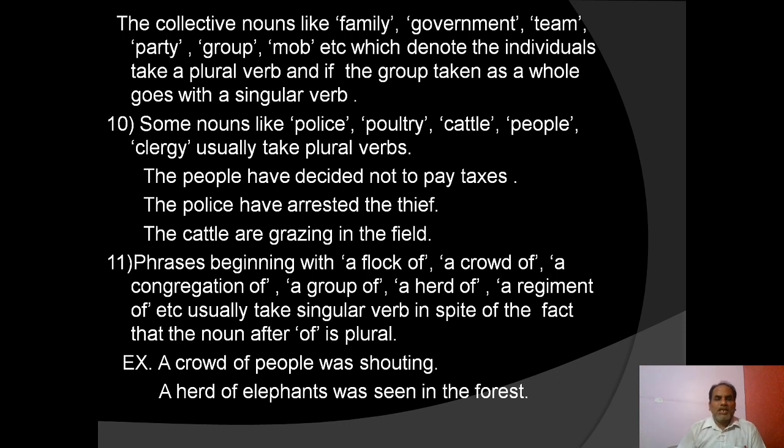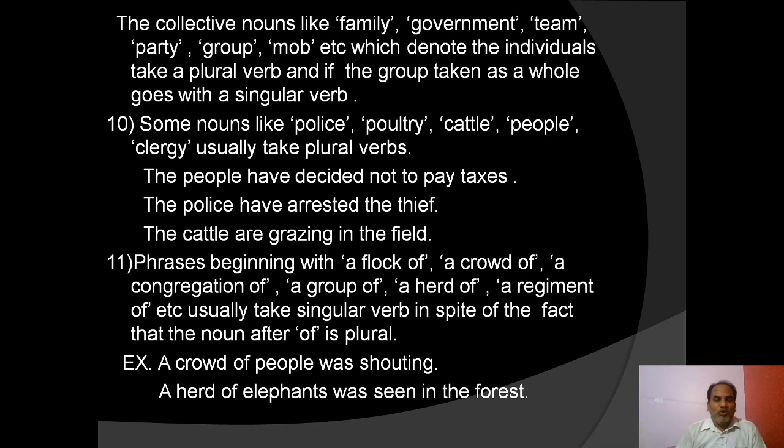Then let us discuss another situation. When phrases begin with a flock of, a crowd of, a congregation of, a group of, a horde of, a regiment of, etc., they usually take a singular verb in spite of the fact that the noun after of is plural.